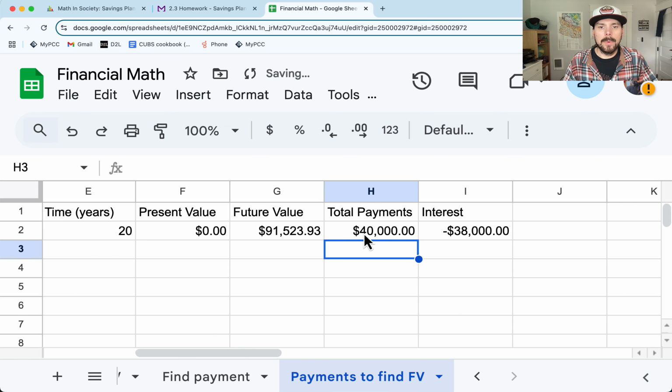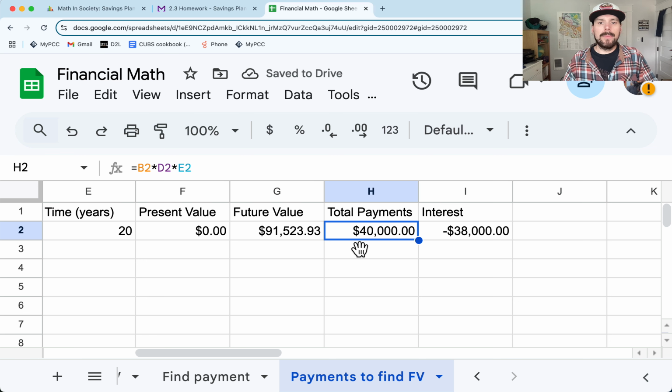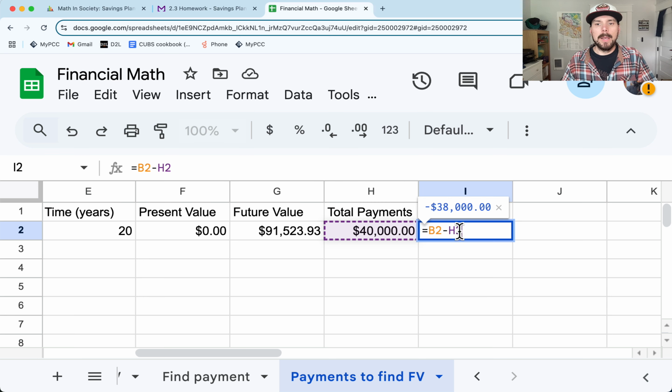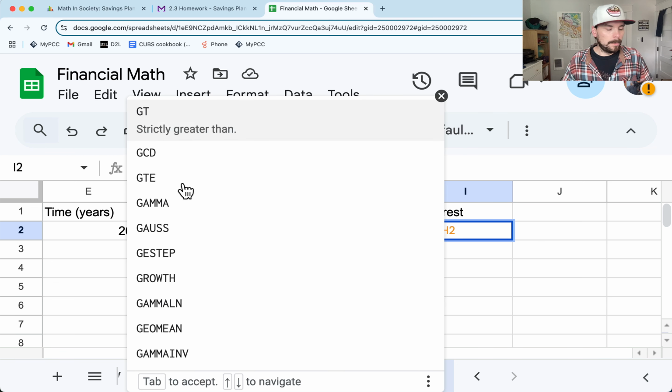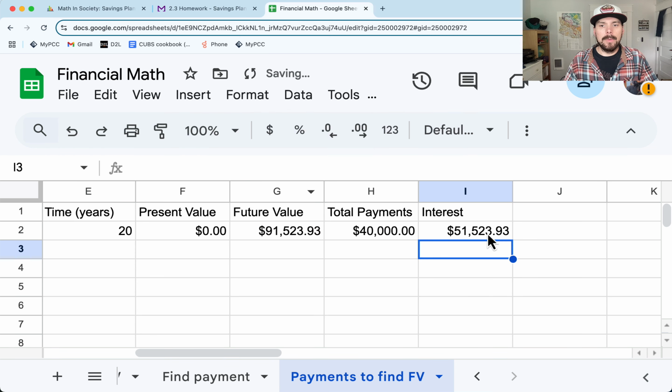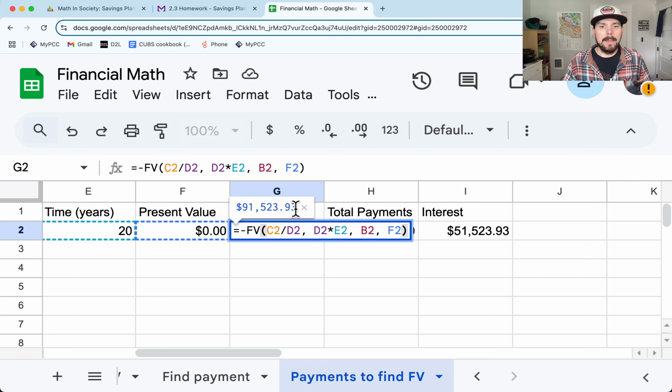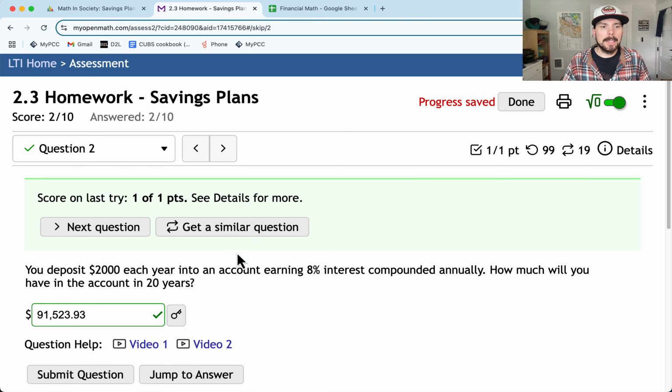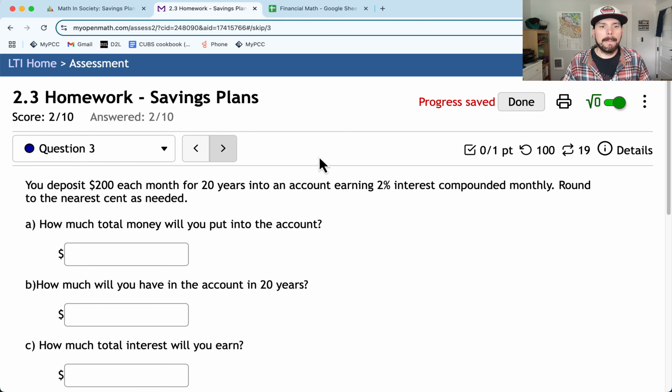I just had to move the reference. Now I have 40 grand in total payments, and the interest should be actually G2. That was my future value minus my total of the payments. Now typically on these problems, they're just looking for either the payment amount or the future value amount. In this case, we've got the future value.